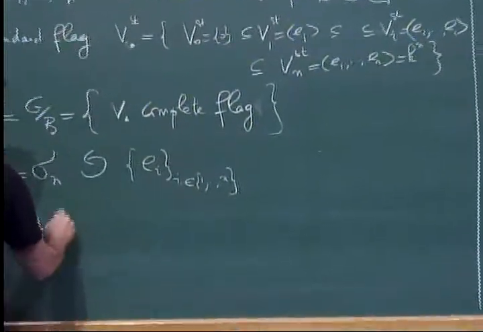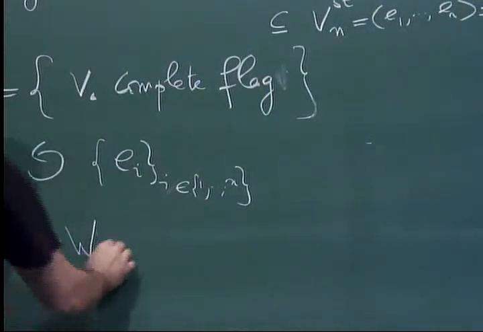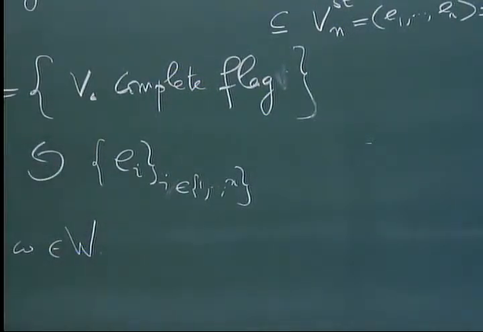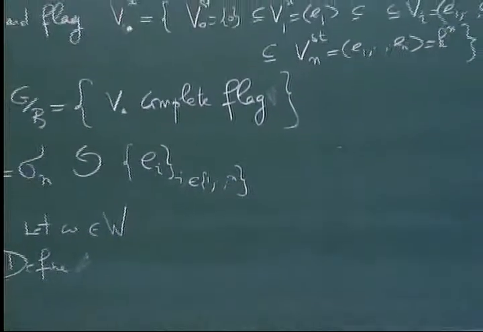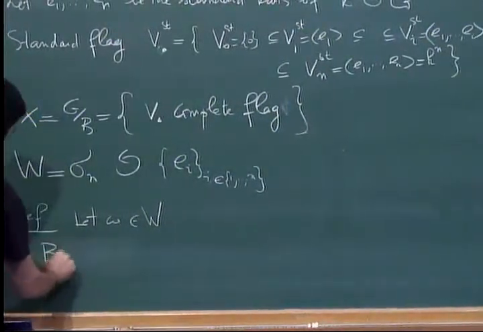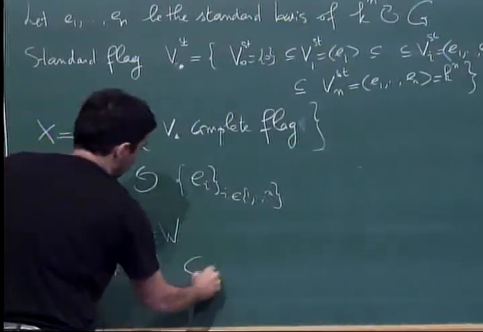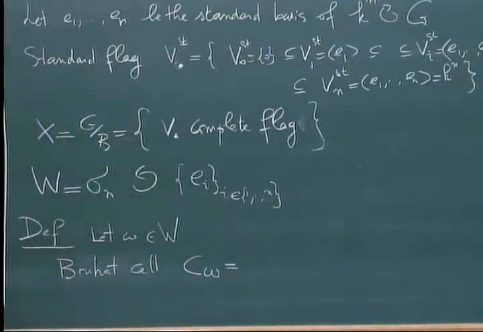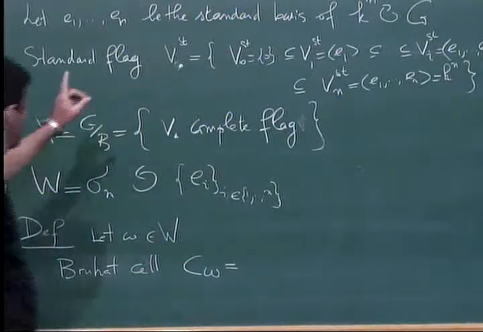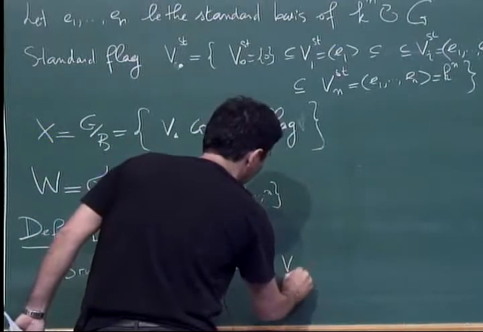So let omega be in the Weyl group, so in the symmetric group, and define the Bruhat cell C_omega to be, so first you consider the standard flag.